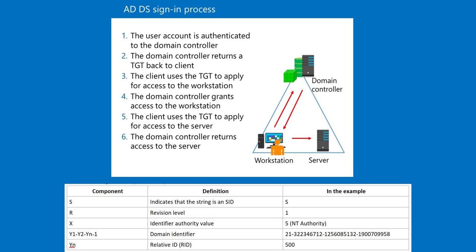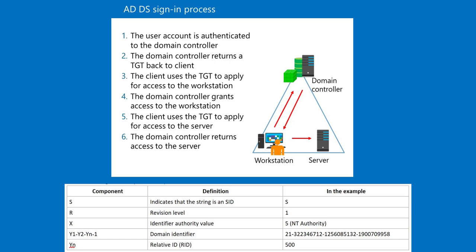S indicates that the string is a SID. R, revision level, 1. X, identifier authority value, 5, NT authority. Y1, Y2, Y-N1, domain identifier, 2132234671215608513219007099585.